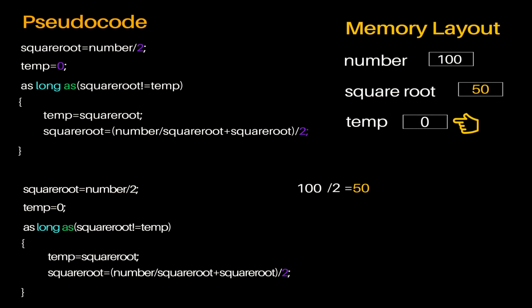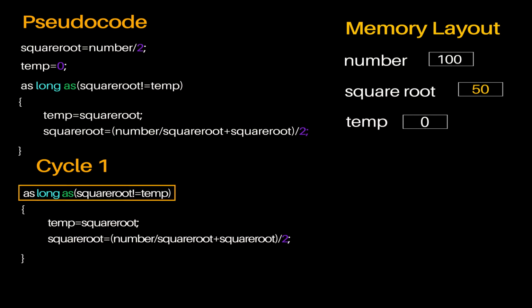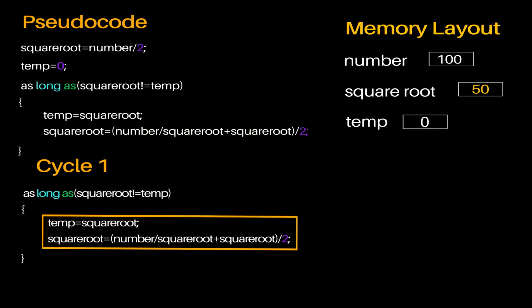Then in cycle 1, as long as square root not equal to temp, open the flower braces, we should be executing these two statements. That is, temp equals to square root. And the next statement is square root is equal to (number divided by square root plus square root) within simple braces, divided by 2.